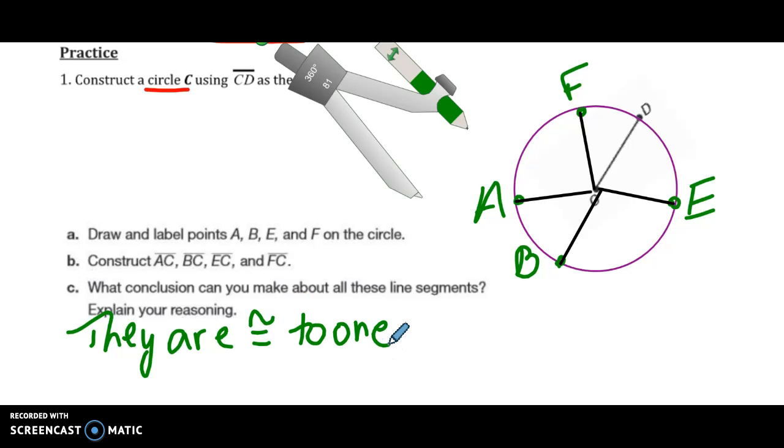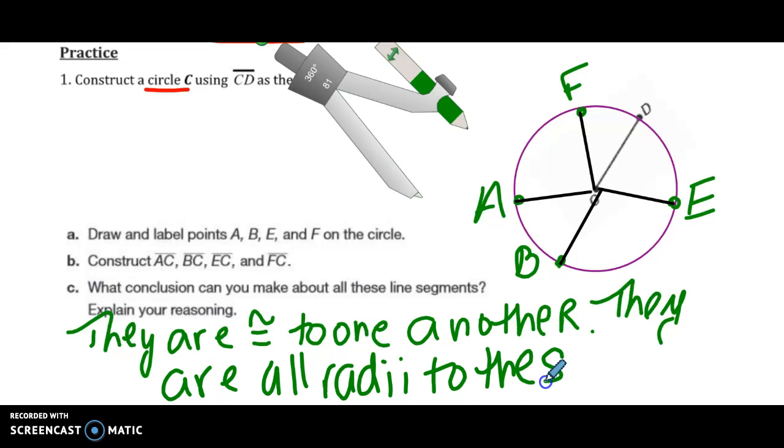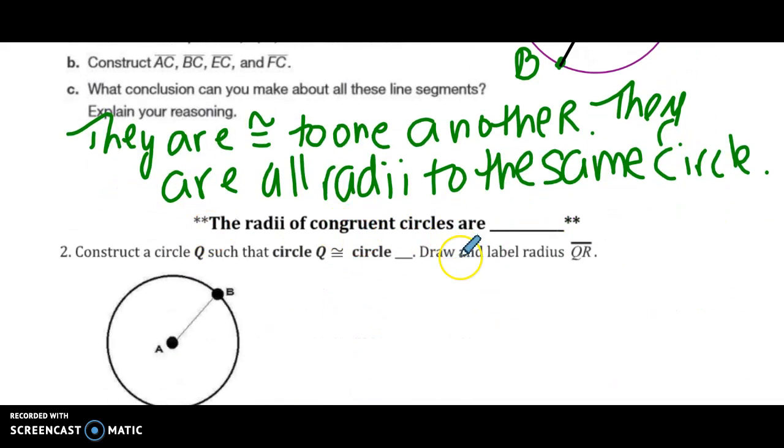Explain your reasoning. So you have to say, what is your conclusion? Why are you making that conclusion? Explain is a common verb that you will see on the Regents exam. They are congruent to one another. Why do we know this? They are all radii to the same circle. So radii of congruent circles are congruent.